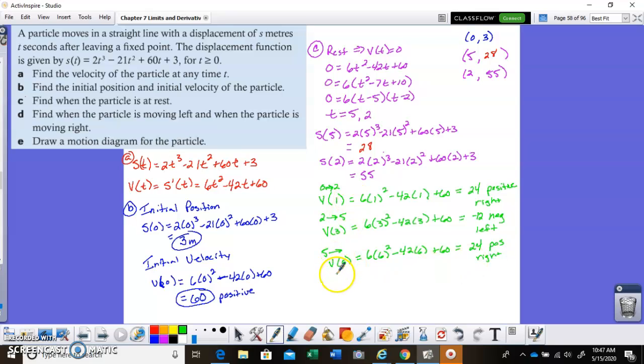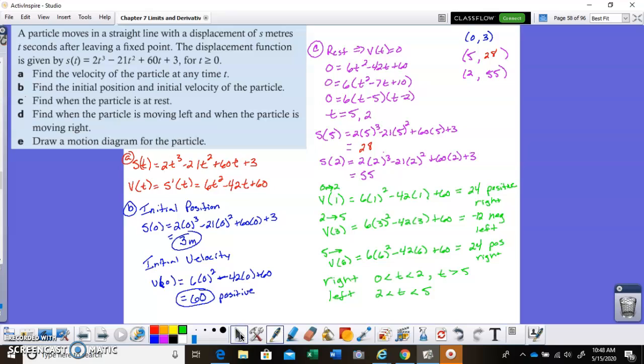So the areas where it's going right are when time is between 0 and 2, and when time is greater than 5. Not equal to with any of these, because equal to at these points they're at rest. Left is happening between 2 and 5 seconds.